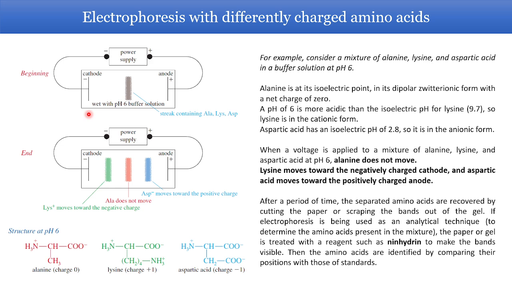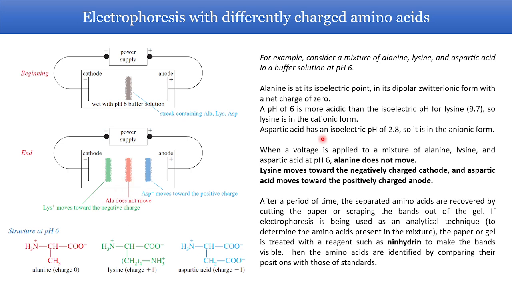As we already know from the structures, the isoelectric pH for lysine is about 9.7. For aspartic acid it's about 3, and for alanine it's about 5.8 to 6. So when a buffer solution of pH 6 is present over here, alanine, being neutral in that particular buffer condition, will not show any mobility, and that's what happens.